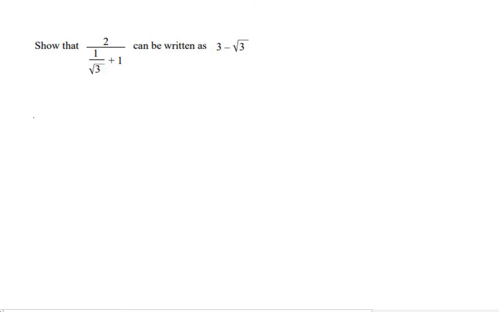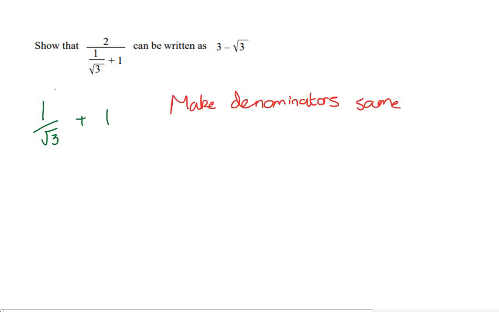So the first thing to do, let's just look at the denominator on its own. There's not too much we can do with this, but the usual rule for adding fractions is to make the denominators the same. So let's do that. The way we do this is we say 1 is the same as root 3 over root 3.